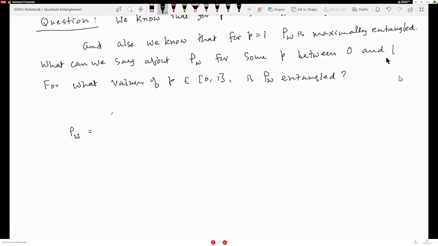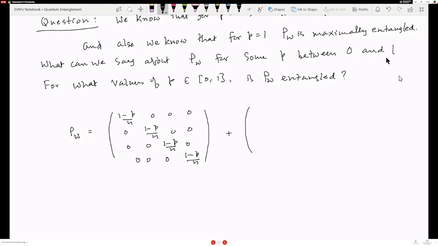is equal to, so we have this diagonal matrix with (1 minus p) by 4 on each diagonal entry. This is the first matrix, (1 minus p) times I by 4.